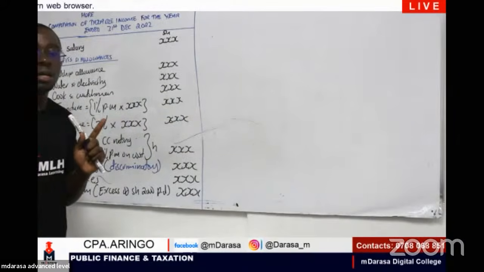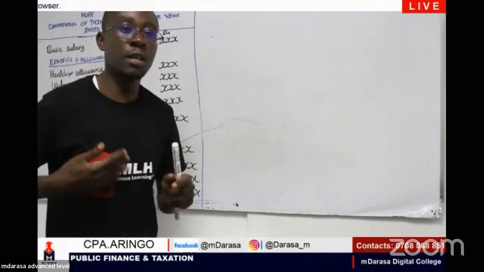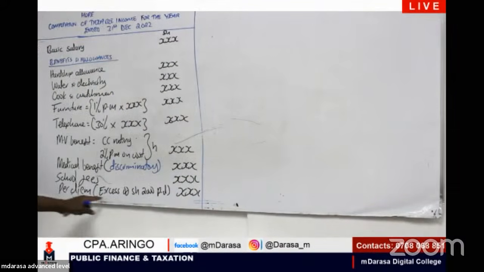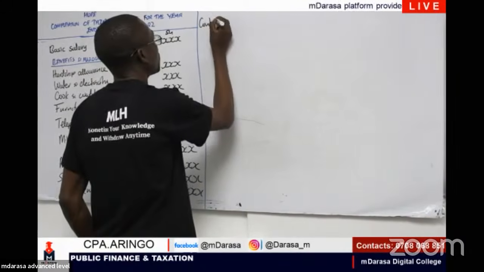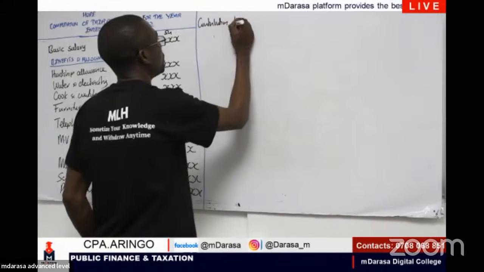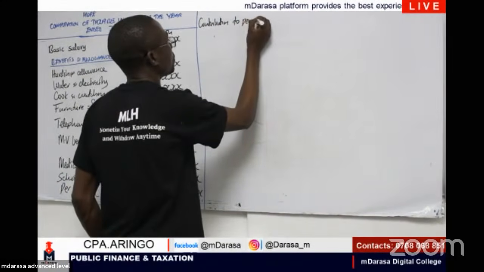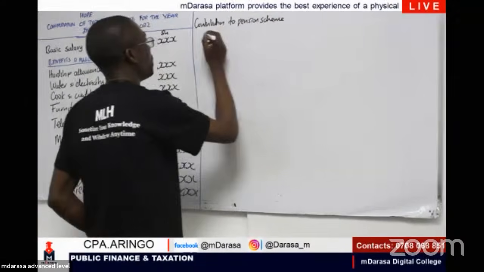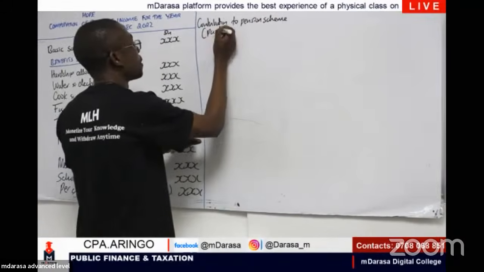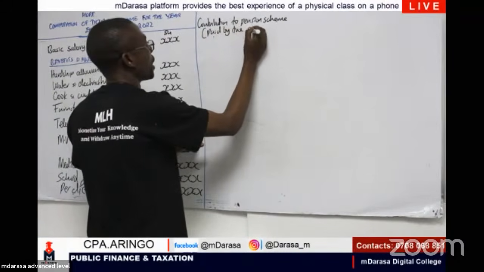And that's why I mentioned what we wrote the other time was very important. So per diem, excess of 2,000 per day. Maybe I'm having contribution to pension scheme paid by the employer.